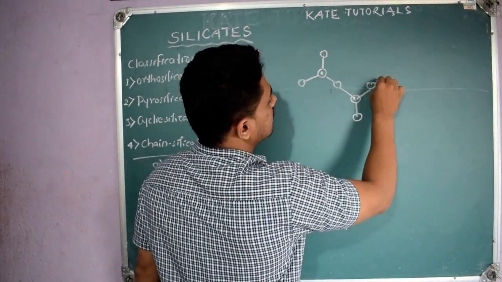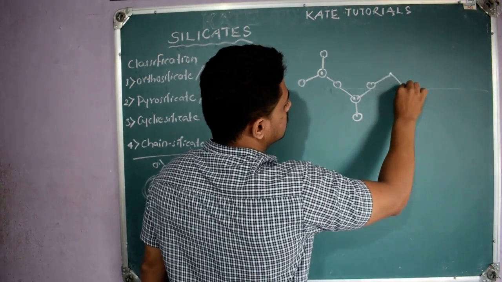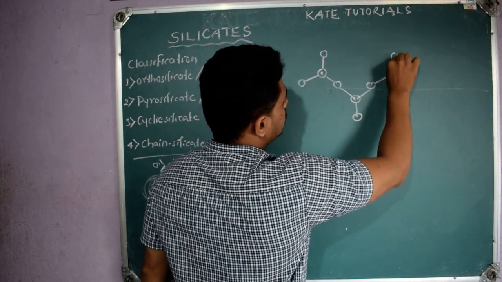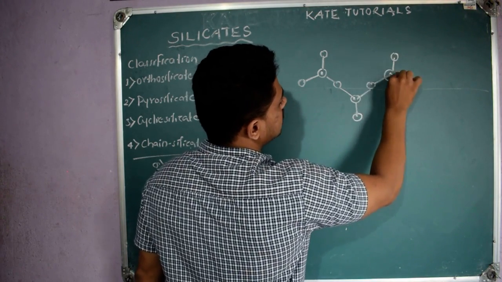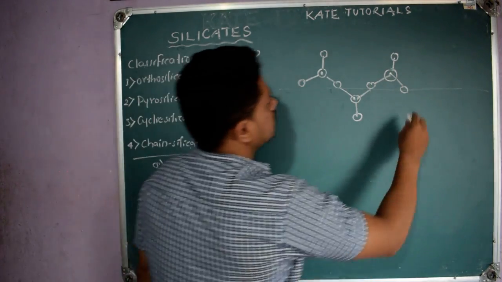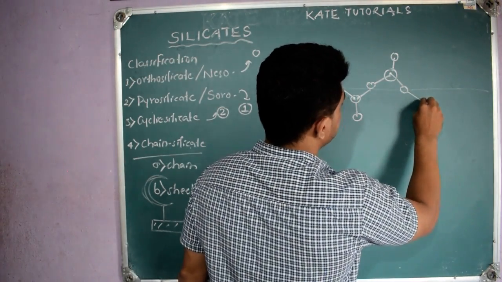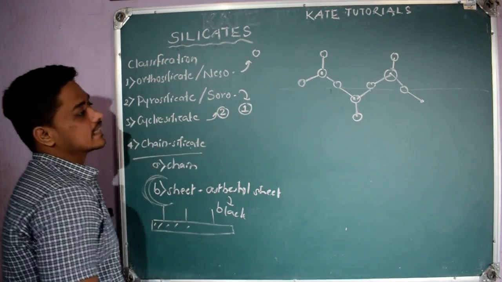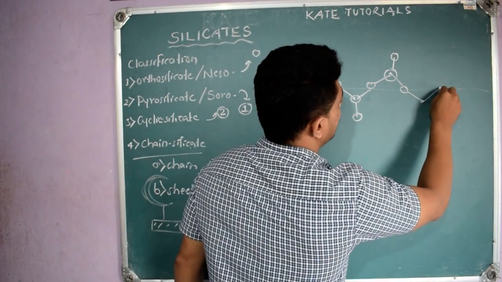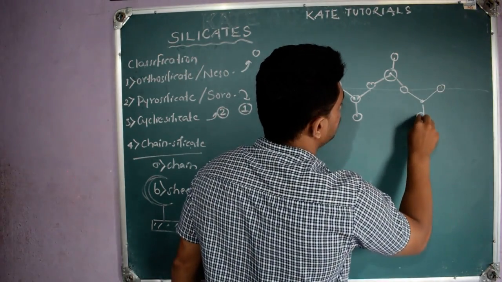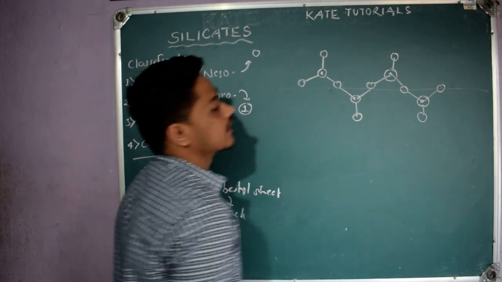Again, this oxygen is shared to 1 more silicon, with 1 oxygen, 2 oxygen, this is 3rd oxygen, and 4th oxygen is above the silicon, right? So this you know, because you just now studied the chain silicate. My aim is how you will remember how to draw, that I am explaining here, right?